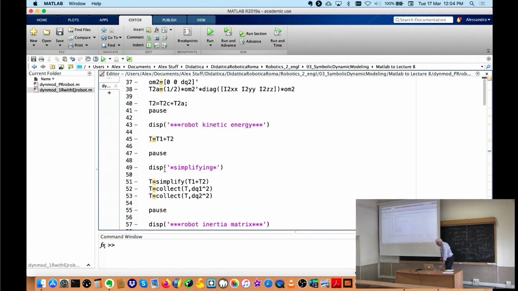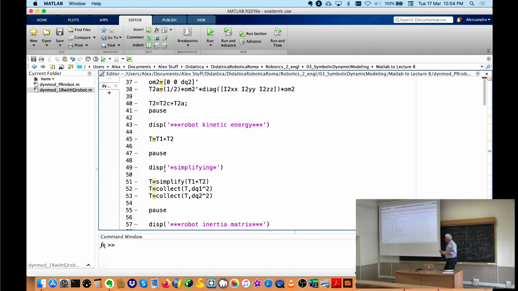So at this point, we will compute the total kinetic energy, and then we will make some simplification. We use the simplify collect instruction of the symbolic toolbox in order to make, let's say, trigonometric simplification.